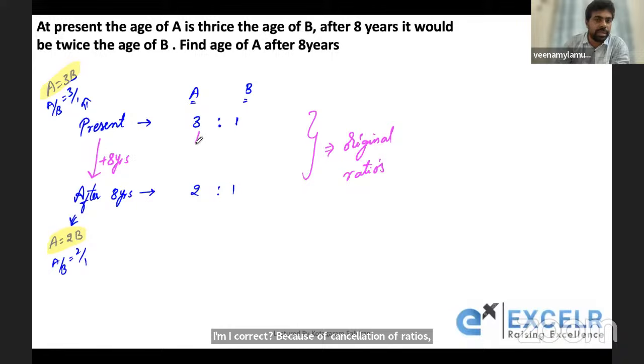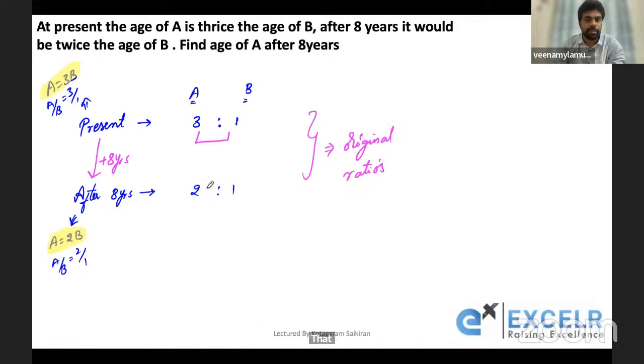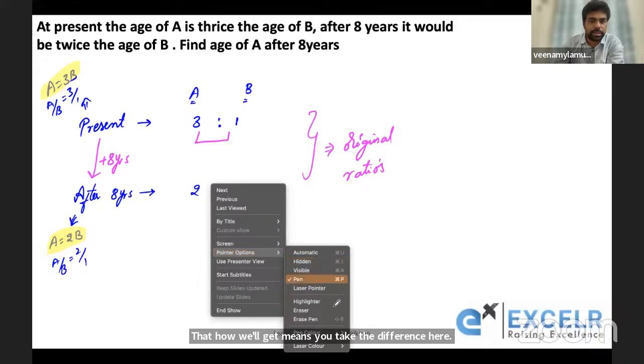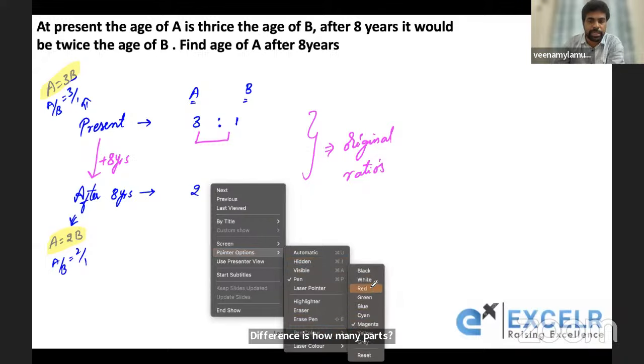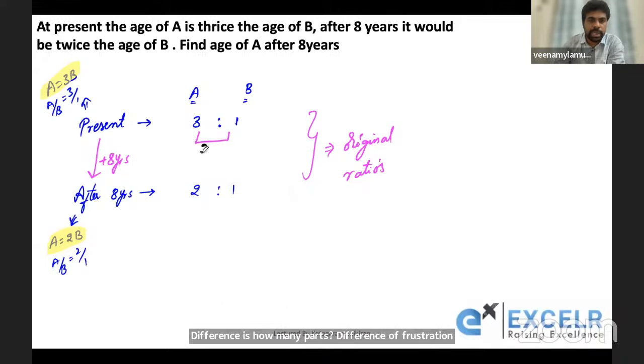How we'll get them: you take the difference here. The difference of the first ratio is how many parts? 2 parts.